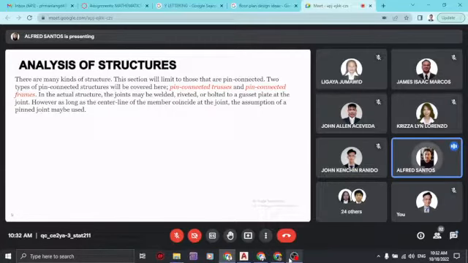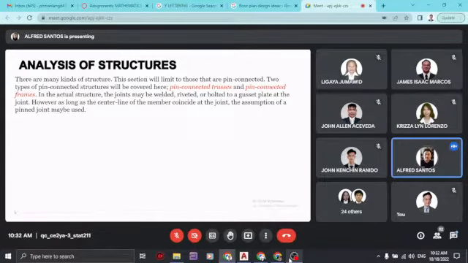Meaning, you only have two reactions, a horizontal and a vertical reaction. Thus, the resultant will be along the members. Later you will see what I mean by axial forces, the force or reaction that coincides with the member.